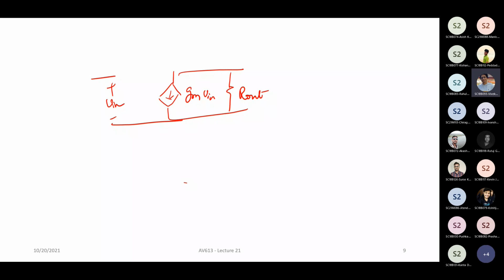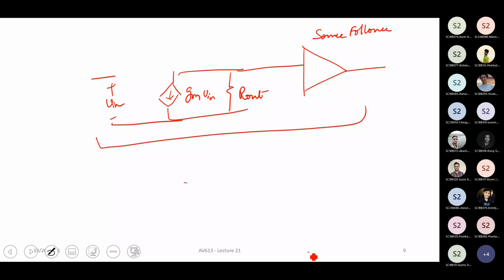Emitter follower in the case of BJTs, and here you have source followers. So basically, you take this and put it through a source follower. Now this whole thing becomes an op-amp, and this alone is basically an OTA.